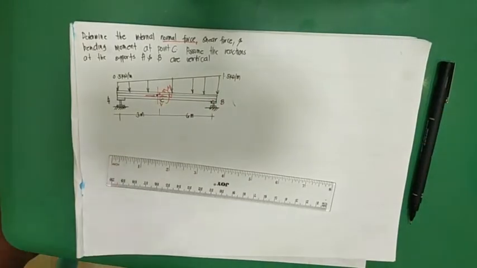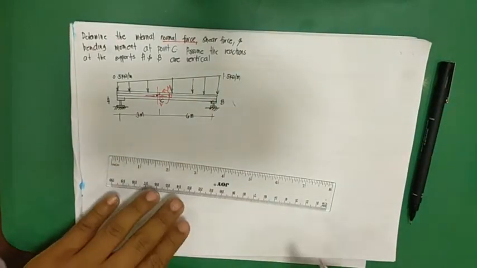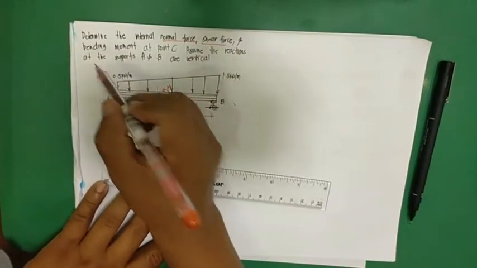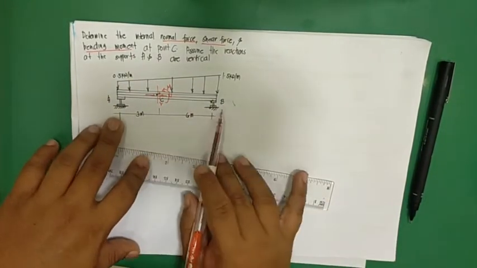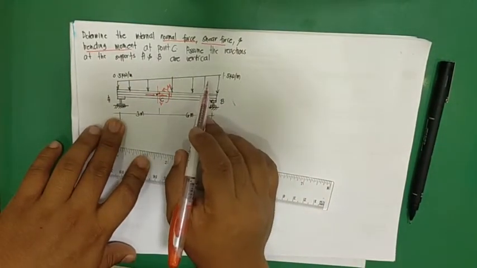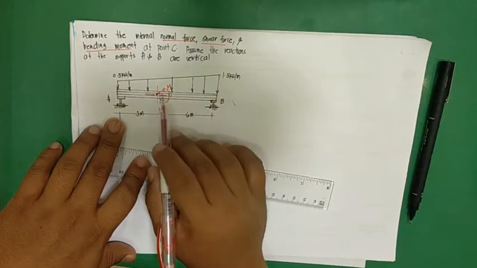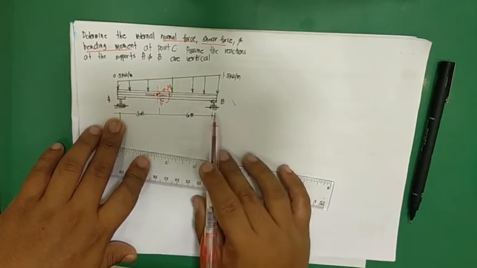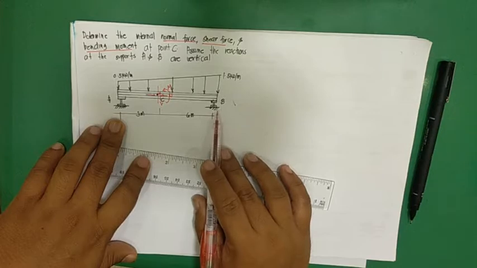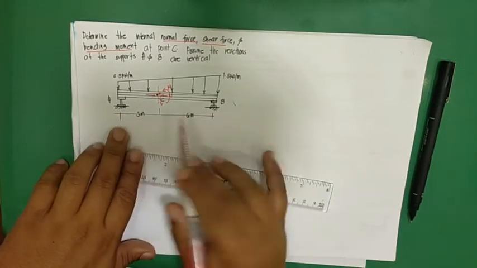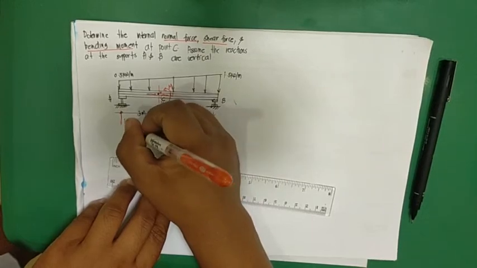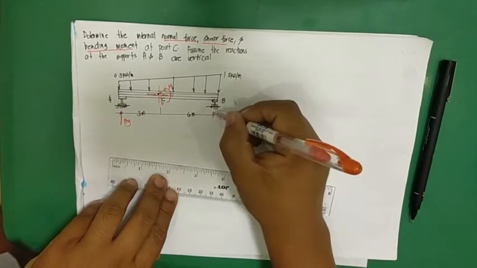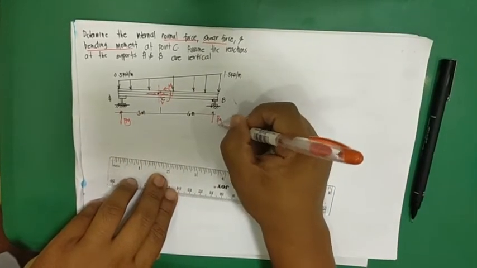So these are the unknowns, but based on the figure, A and B are having vertical reactions only. So you expect that at point A and B, you have only AY here, and you have here BY.